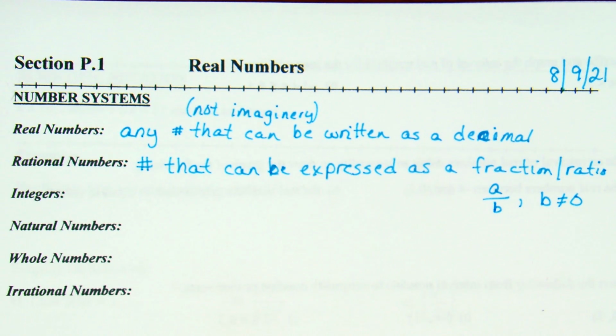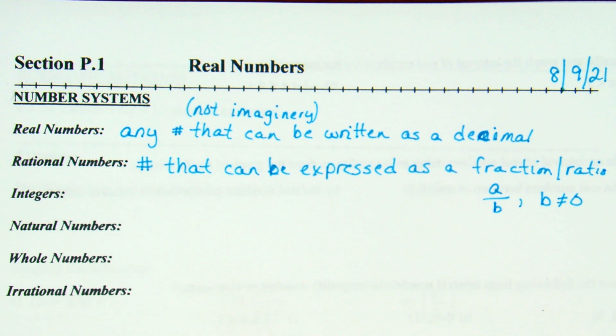What are integers? This is an important one to know, because if you see a word problem that uses the word integers, what are integers? Do you remember anything? Jacob? They're all whole numbers. They can be either negative or positive. Okay, whole numbers are positive.